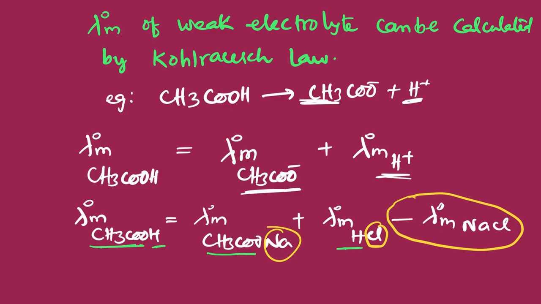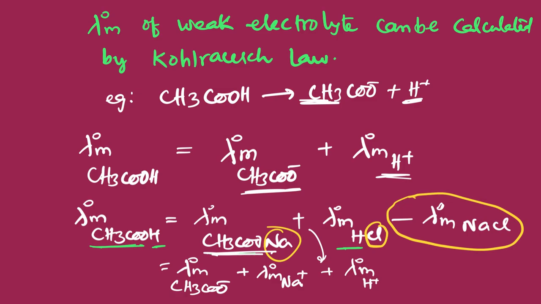See, now lambda naught M, this sodium acetate ionizes into CH3COO minus plus lambda naught M Na plus, this plus, and lambda naught M H plus, lambda naught M Cl minus.